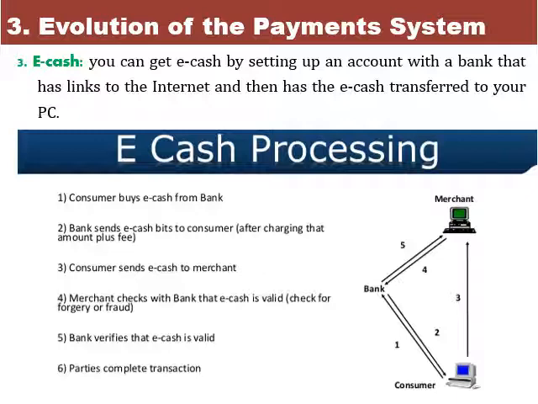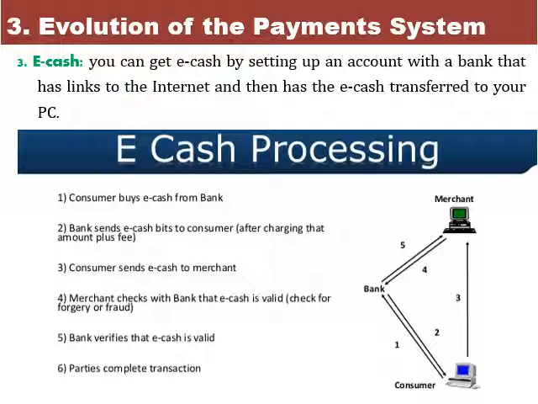Then, when you want to buy something, you choose the good from the store website and click the buy button for this item or the good you want to buy. So the Ecash will be transferred automatically from your computer to the merchant's computer after the bank validation.